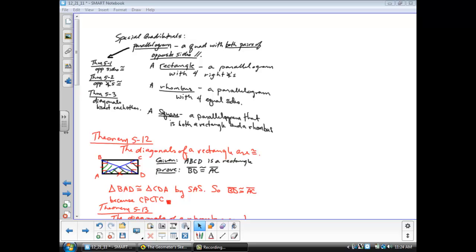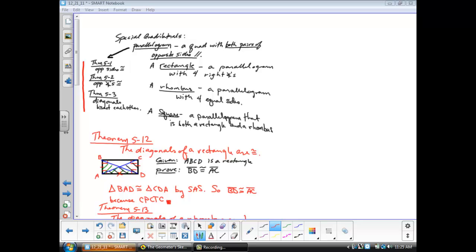So these theorems over here on the left are in fact properties of parallelograms that are true for all of these figures. Which means theorem 5.1, opposite sides are congruent, 5.2, opposite angles are congruent, and 5.3, diagonals bisect each other.